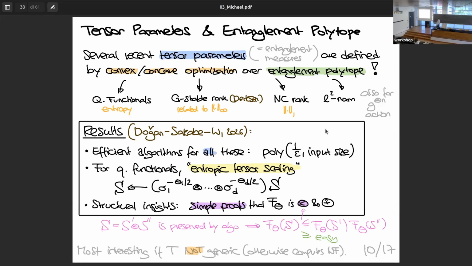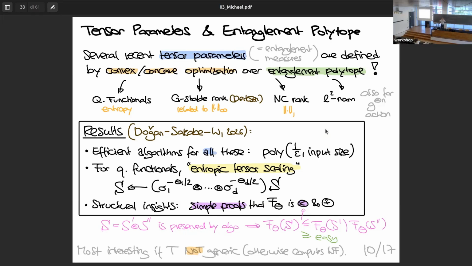It's also structurally interesting. For example, it gives, to our taste, maybe the simplest proof that these quantum functions actually satisfy these non-trivial properties, that they're multiplicative and additive. Multiplicativity basically follows from the observation that this simple iteration computes the value of the quantum function, but it also preserves the structure of the tensor.